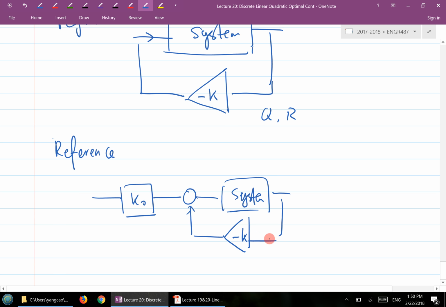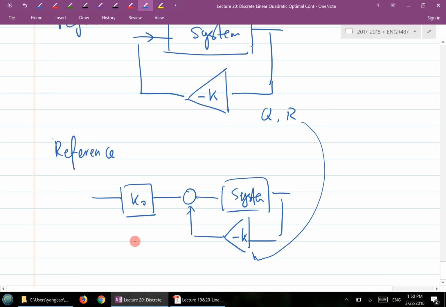You calculate your K here basically the same way as this, and then you calculate K naught based on the closed loop transfer function, making the DC gain equal to 1, to get a K naught here. So you get a reference control. Is that good?